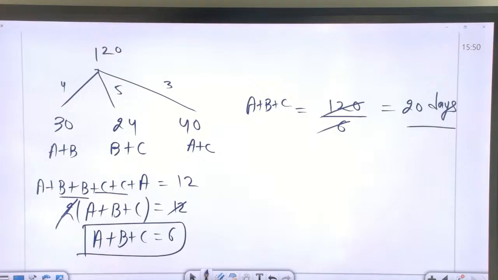C and A can do it in 20 days. If A, B and C work together, then they will complete the same work in how many days?